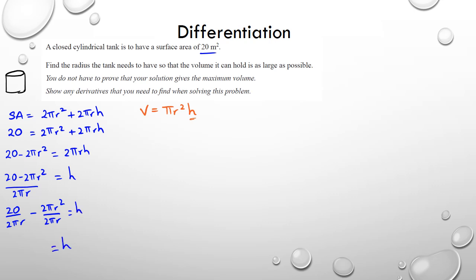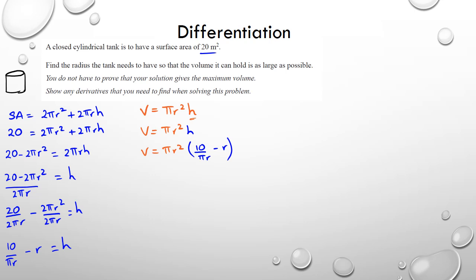So h then equals 10 over pi r minus r. Once I have this, in my volume function I can replace h, because I have h in terms of r now. So volume equals pi r squared multiplied by 10 over pi r minus r, because that's what h is equal to.